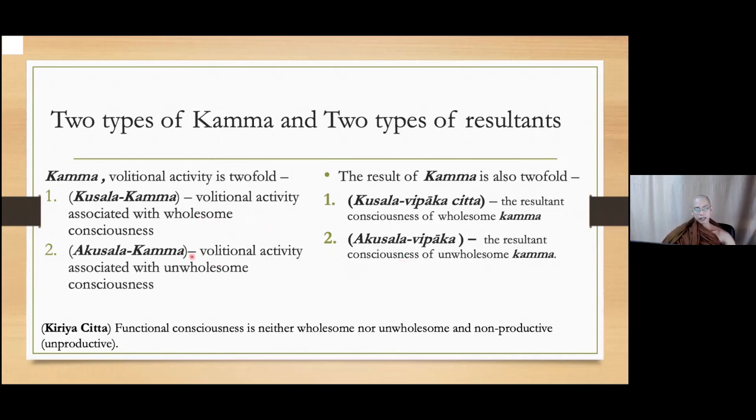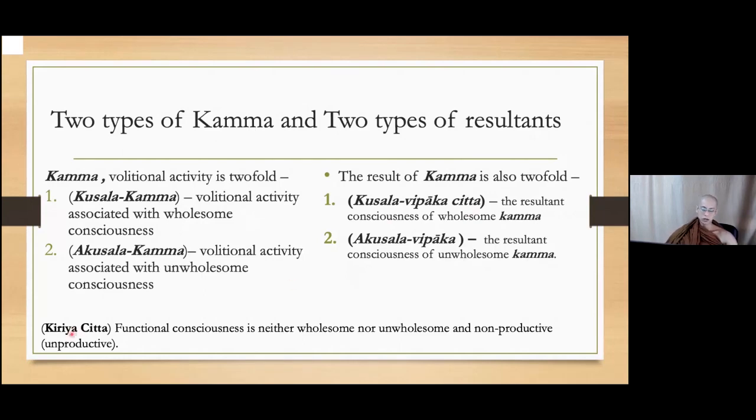So we get karma and result, and three types: wholesome, unwholesome, and resultant. Wholesome and unwholesome are causative, and vipaka are the effect of these causative activities.